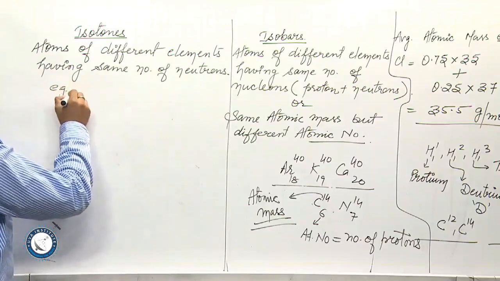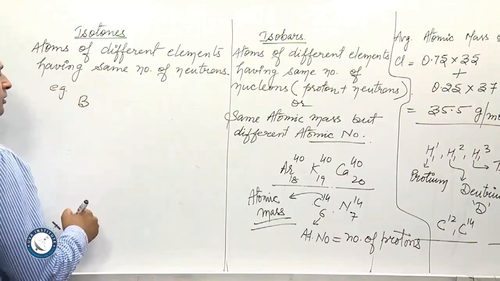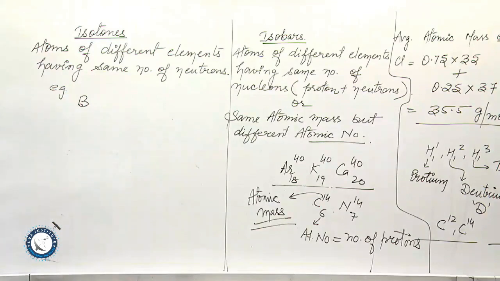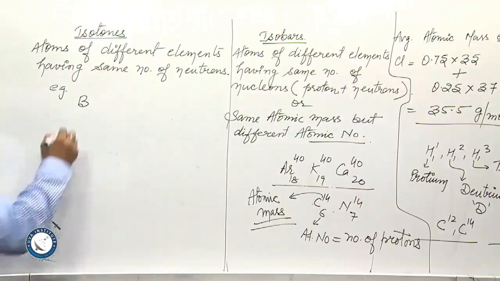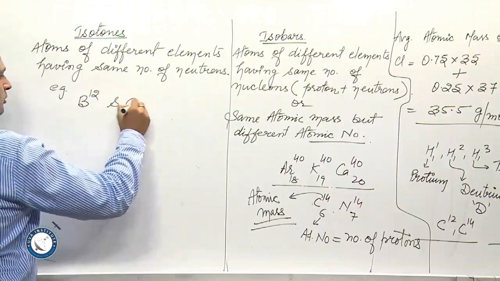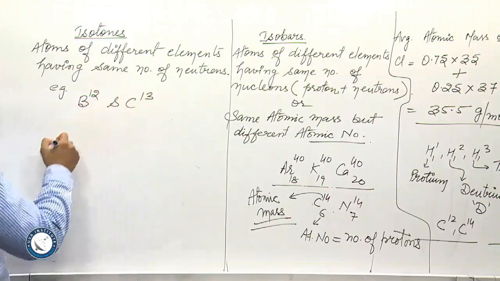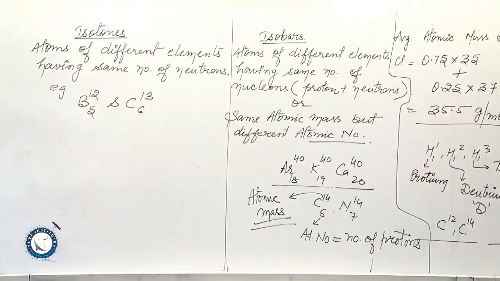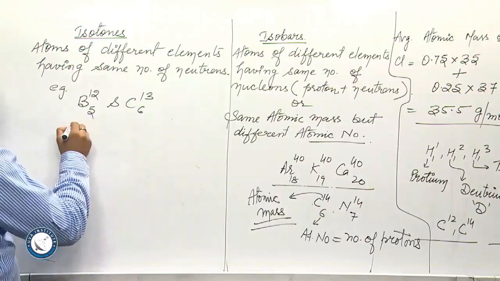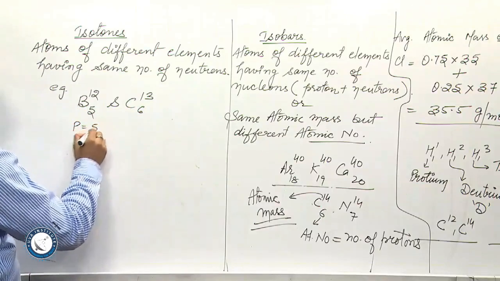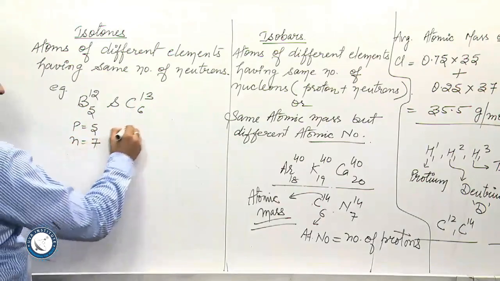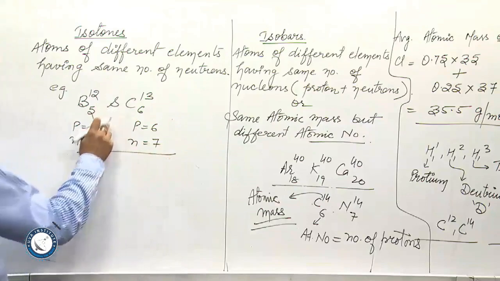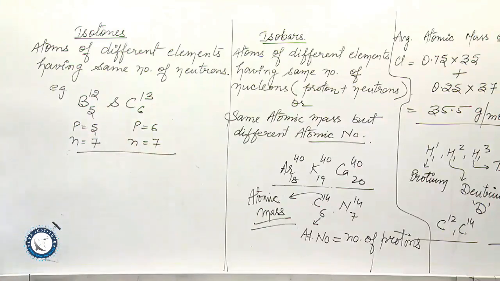For example, boron-12 and carbon-13. Now this is 5, this is 6. Now you see, number of protons is 5, number of neutrons is 7, number of protons is 6, number of neutrons is 7. So these two are isotones.